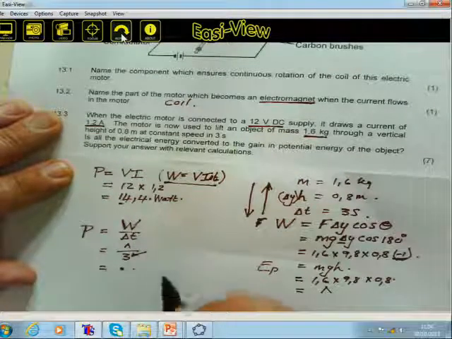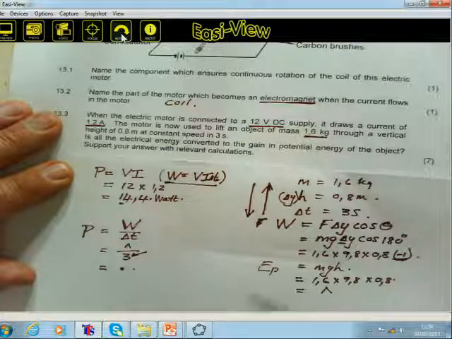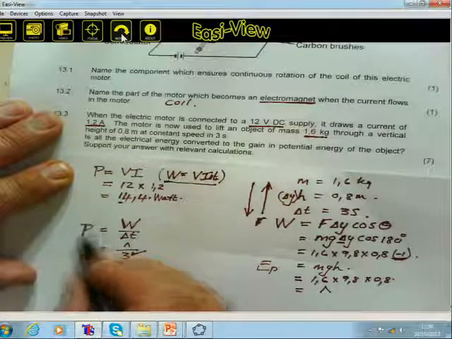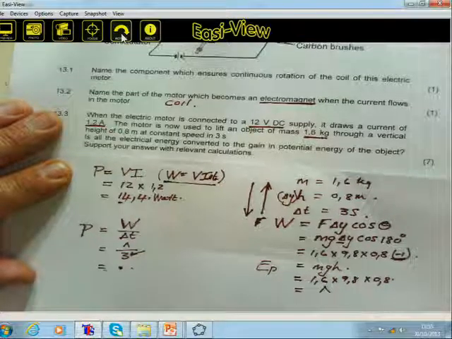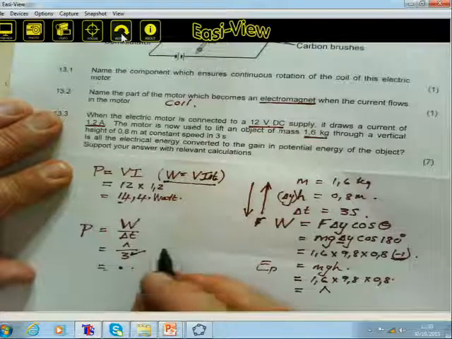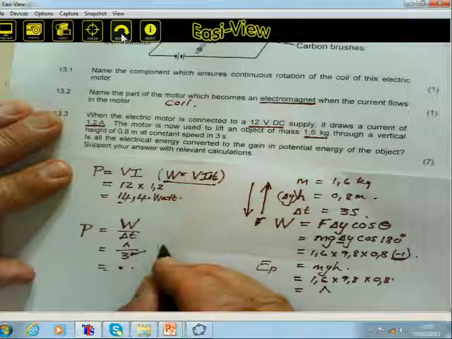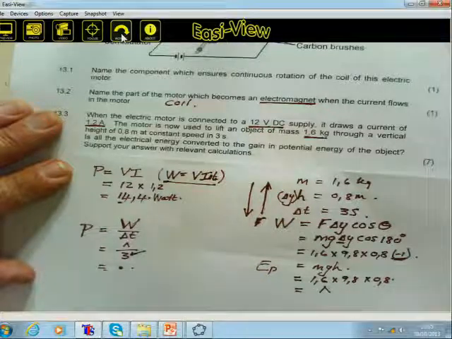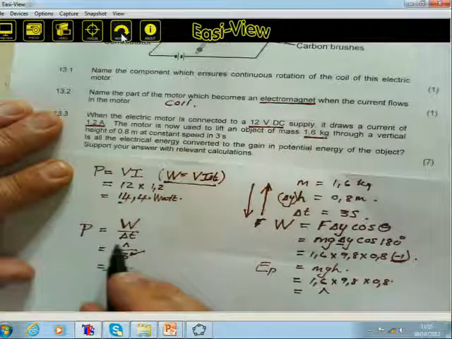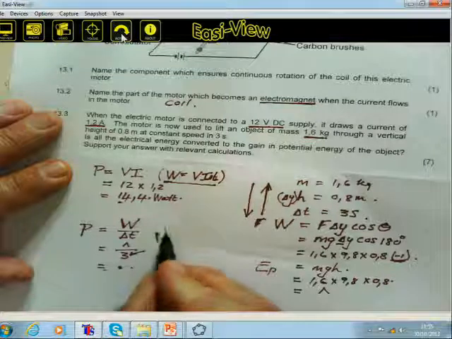Then if you have calculated the power that was really transferred to the object, you can calculate the work done.